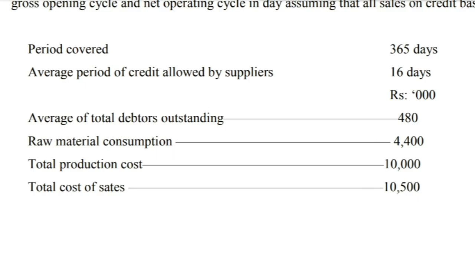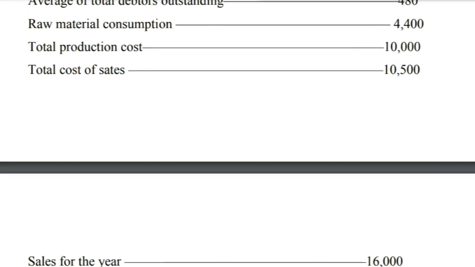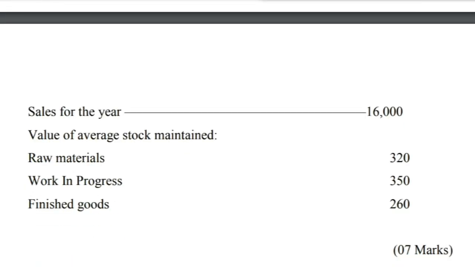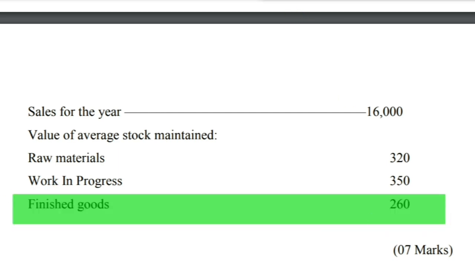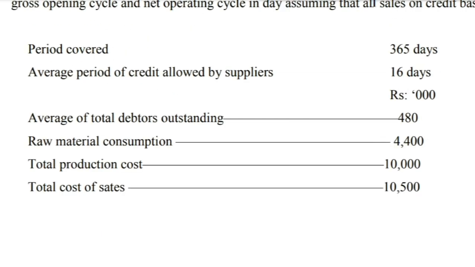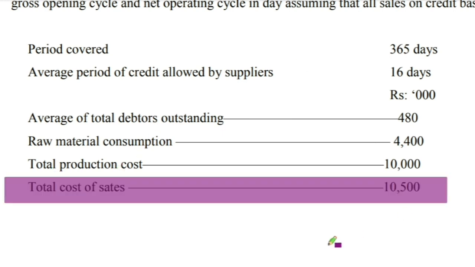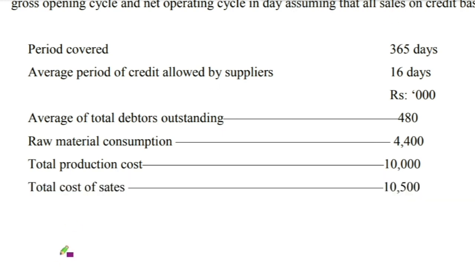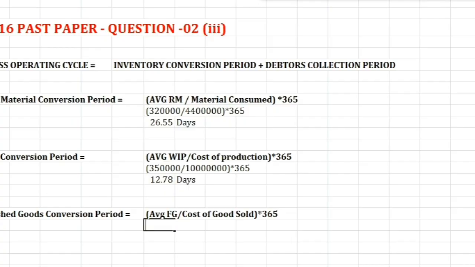In this question, average finished goods is given, 260,000, and total cost of sales is given, 10.5 million, and period covered is 365 days. Therefore, we can calculate the finished goods conversion period as per the question.